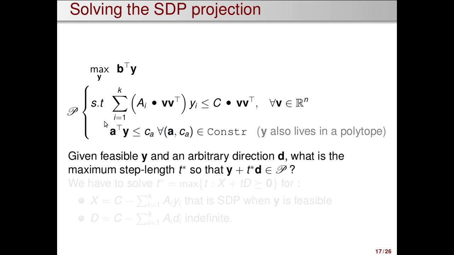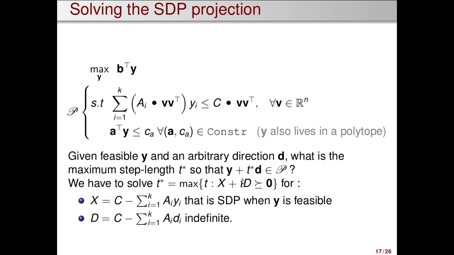And I have a set of constraints and I impose these. These are not strictly speaking SDP constraints. But what I want to focus on now is solving the projection problem only over these constraints, because I consider these linear constraints can be enumerated in practice.